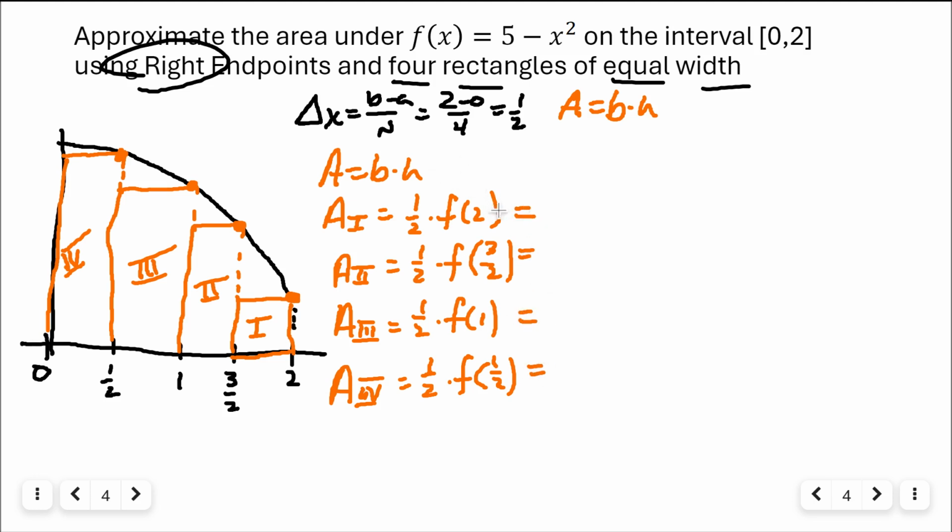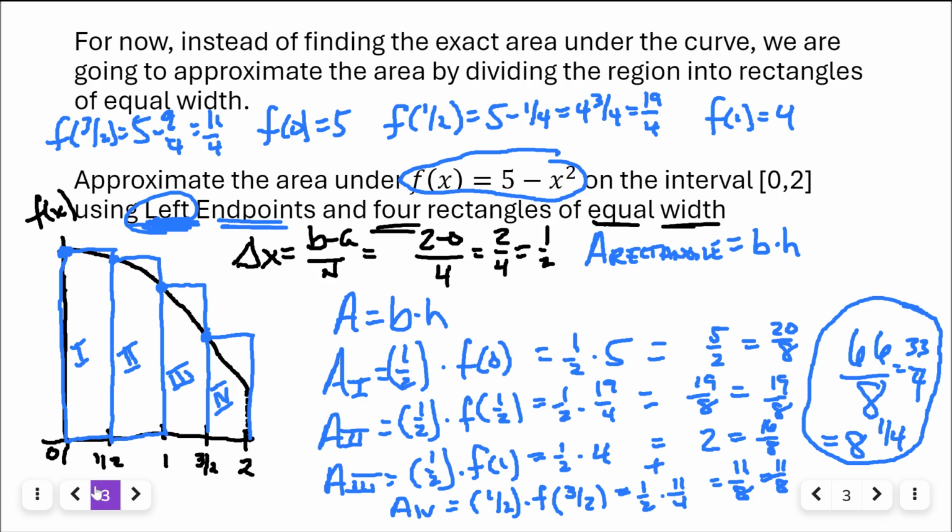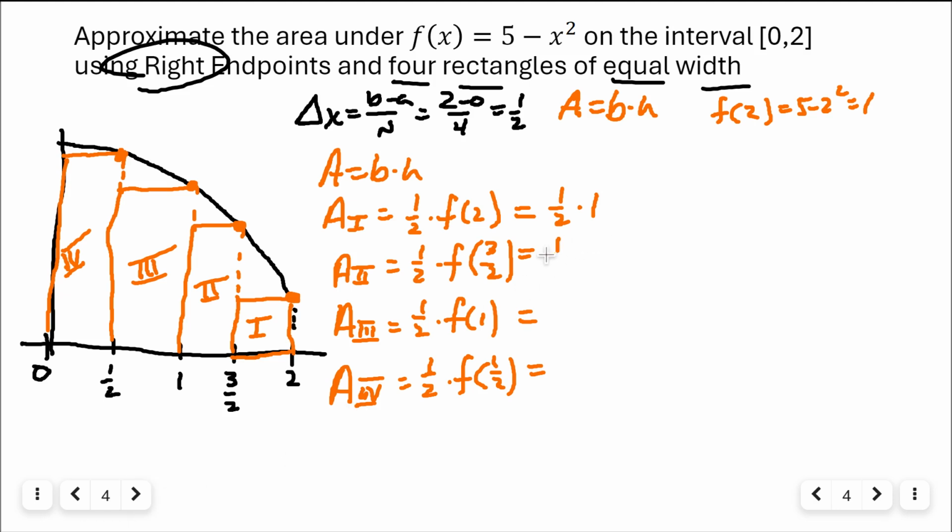The only one we really have to calculate, though, is f of 2, right? Because the other ones we already did on the previous slide, so we're going to look back here real quick. So that's 1. So that's 1/2 times 1. And then we have 1/2 times f of 3/2. We did that on the previous slide. F of 3/2 was 11 over 4, so 1/2 times 11 over 4.